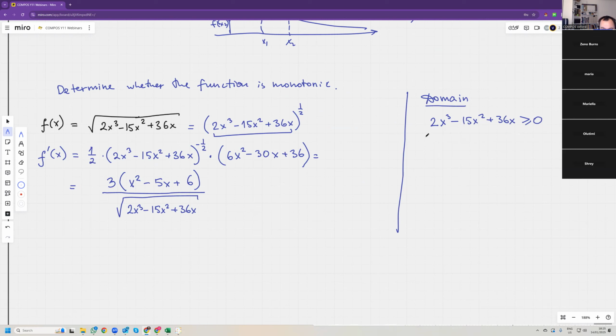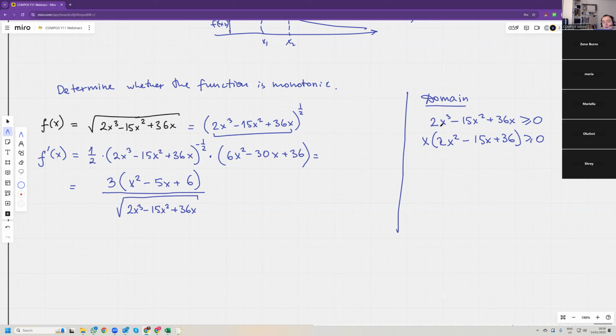So x I take out, 2x squared minus 15x plus 36, and that's greater or equal to 0. I can factorize this. Does it factorize? 3, 2, minus 15, 36.